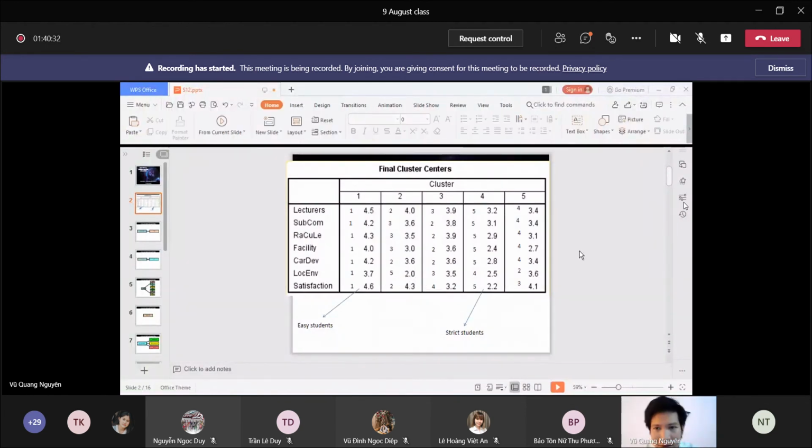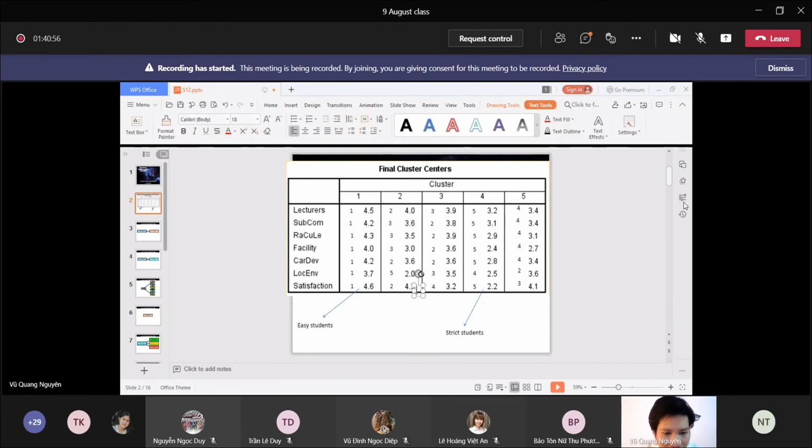Satisfaction is high because it's rank number 2, only lower than easy students, but we do not care about easy students anymore. So let's make it rank number 2, high satisfaction.